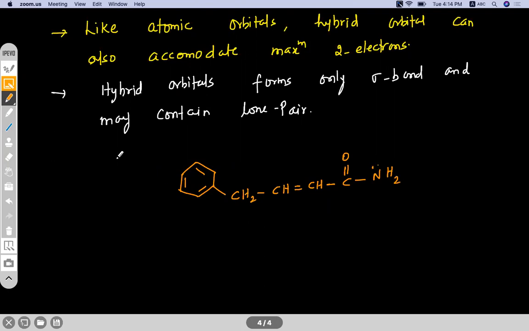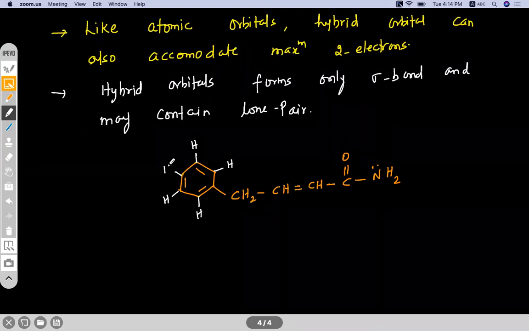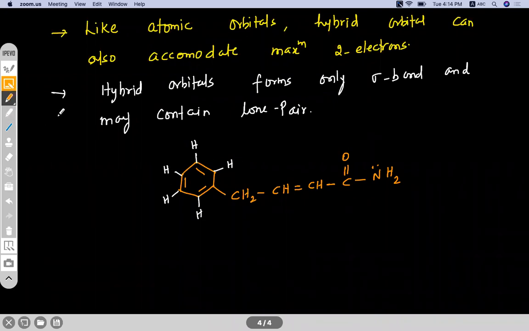One lone pair on nitrogen. For all these carbon atoms, we have one hydrogen attached, and there is no lone pair on these carbon atoms. Could you tell me how many sigma bonds we have here?